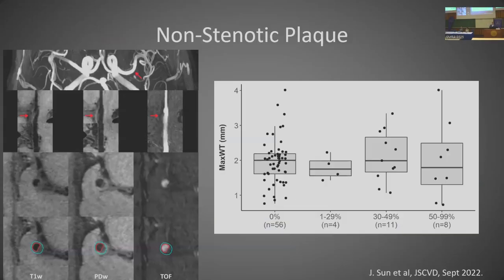So in terms of vessel wall imaging and evaluation, a couple points of data I want to provide for its support in stroke assessment. This is a study we published a couple years ago, where we used one of our quantitative software algorithms called MoCA to evaluate plaque burden. When we evaluated those plaque burden characteristics, we found that there was no relationship between the thickness of a plaque and the degree of stenosis.